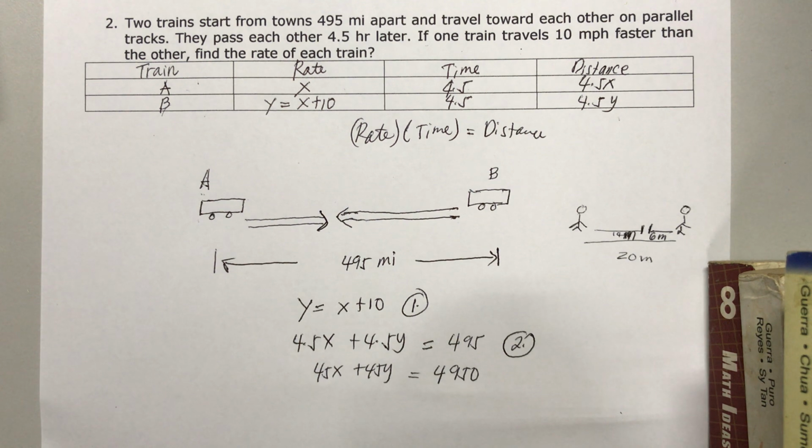Do you follow? And then 4,950 is actually divisible by 45. Each of the variables in the left side of the equation has numerical coefficient which is 45.